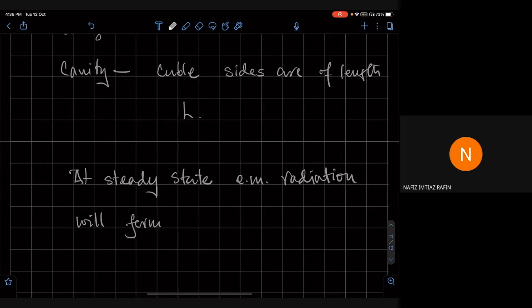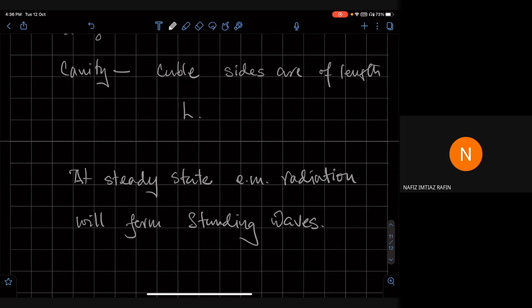Okay. And it's by considering each standing wave as a mode, as a degree of freedom, that we can calculate the energy that is contained in this electromagnetic field.